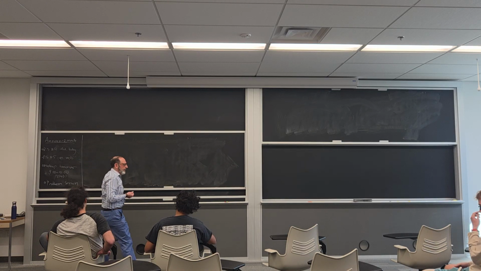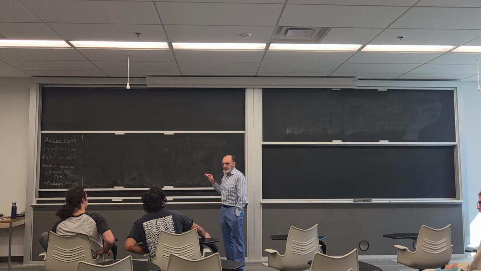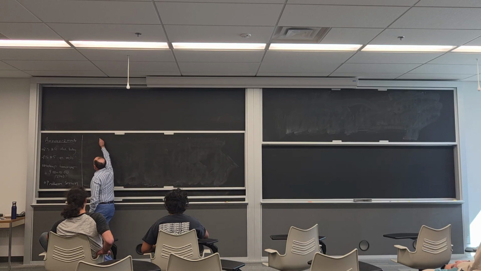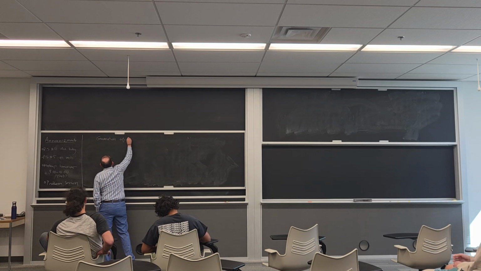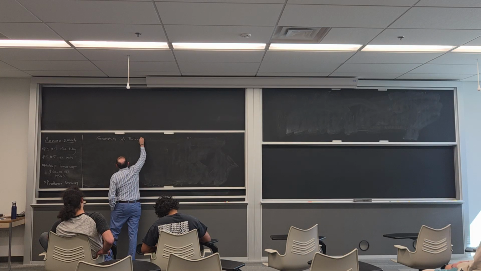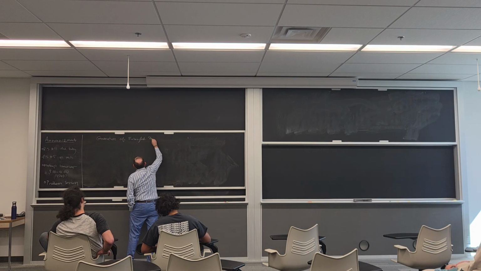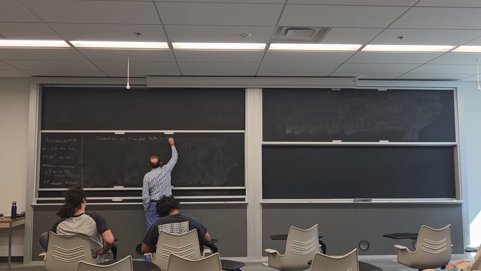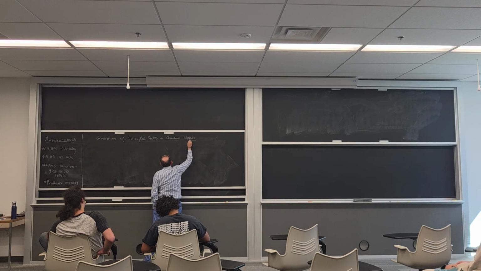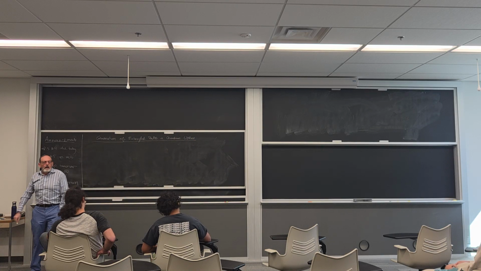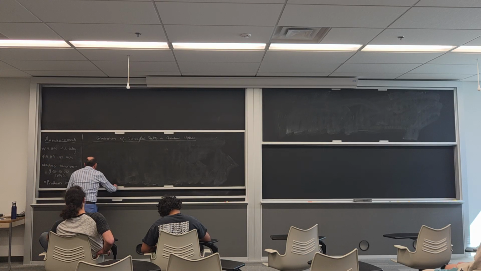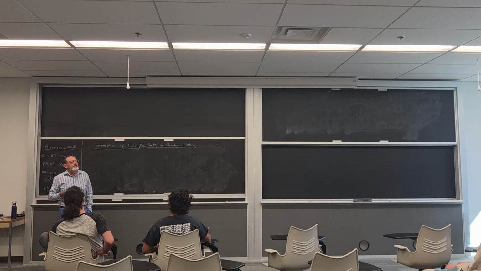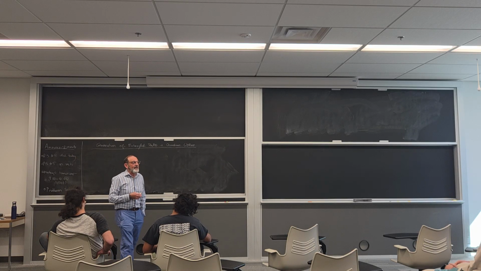We've talked about the nature of entanglement. What I want to talk about for the next couple of lectures is the generation of entanglement. The question is, what's necessary to create an entangled state?